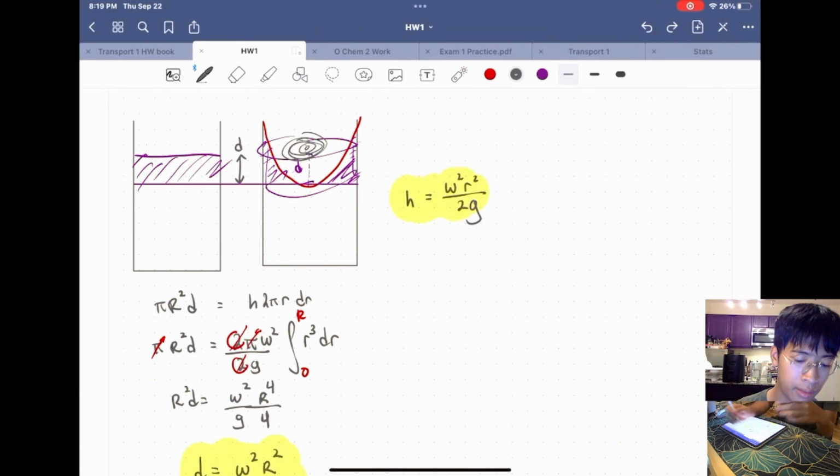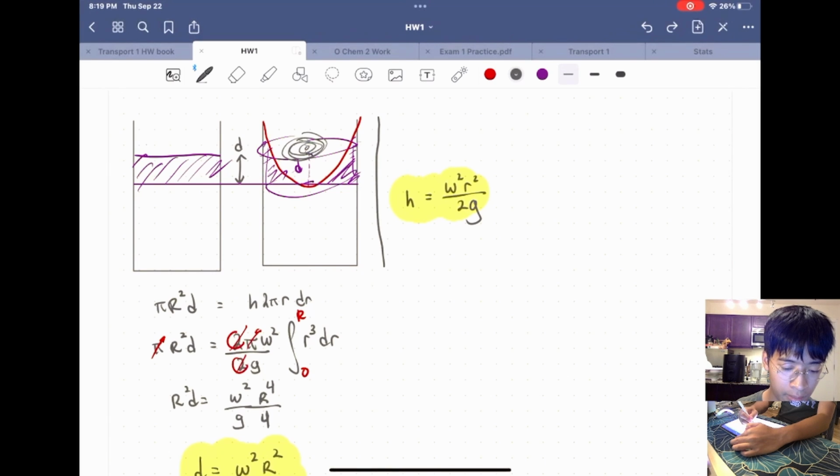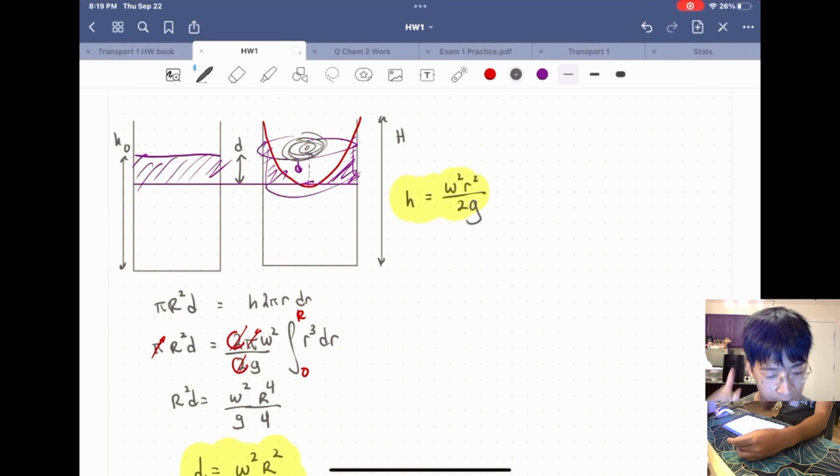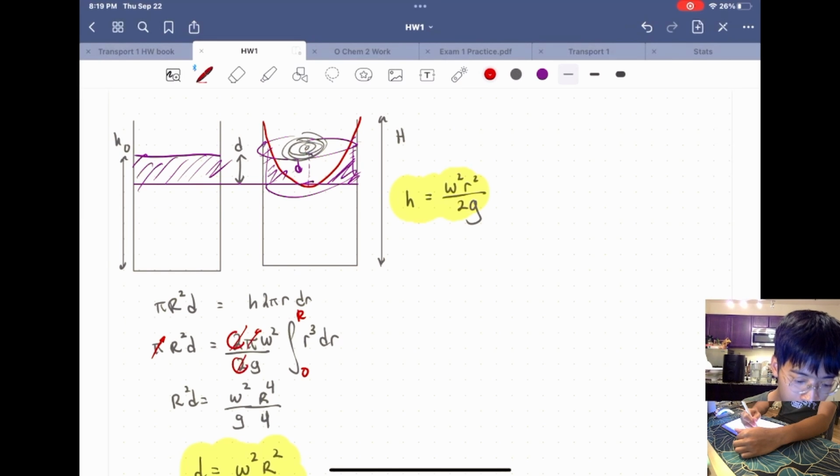So if I call the overall height of my beaker big H, and if I call the initial height of my fluid H naught, well then I can call this height right here, H naught minus D, right? H naught minus D. That makes geometric sense.